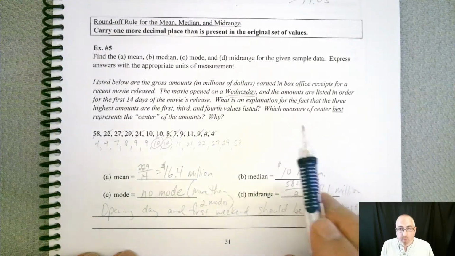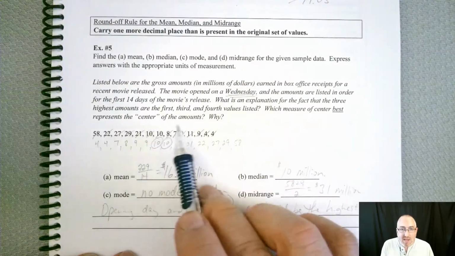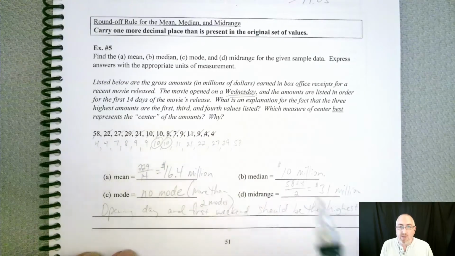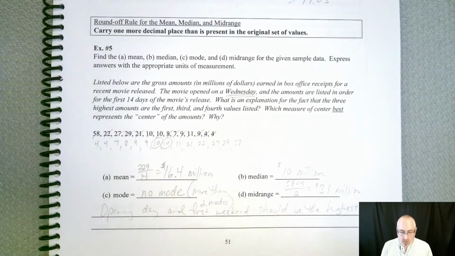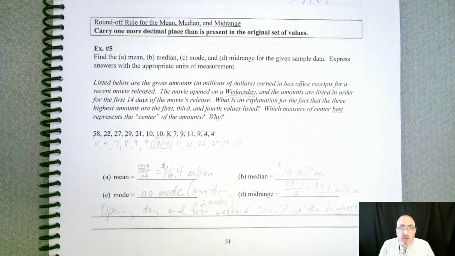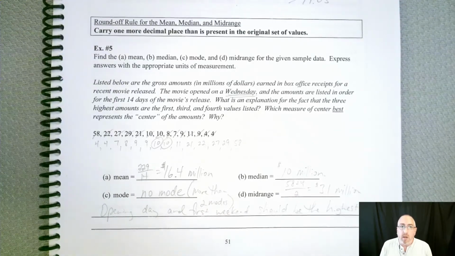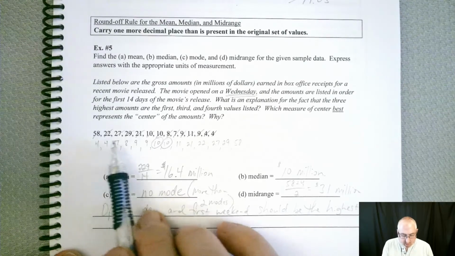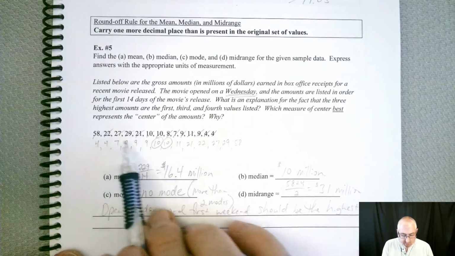Second question though, which measure of center best represents the center of the amounts and why? So now most people would say, well, the average, duh, that takes into account all the numbers and so that should be the center, right? Well, look at your data. Does it look like there's any anomalies with your data?